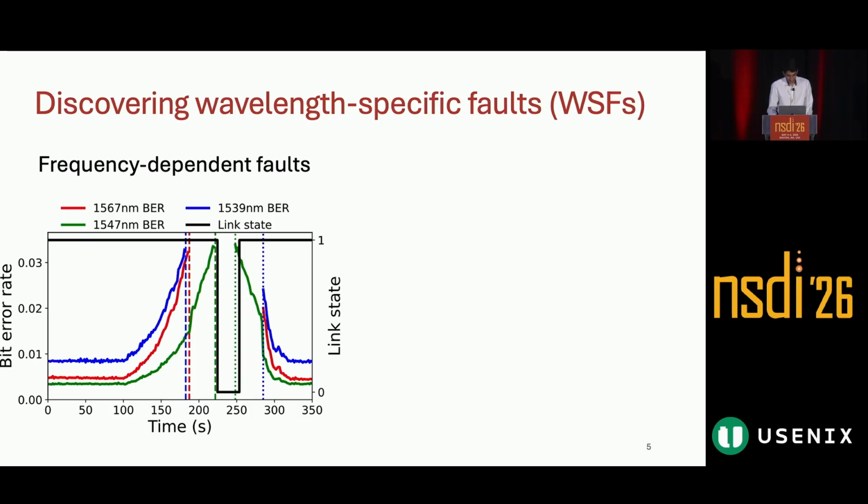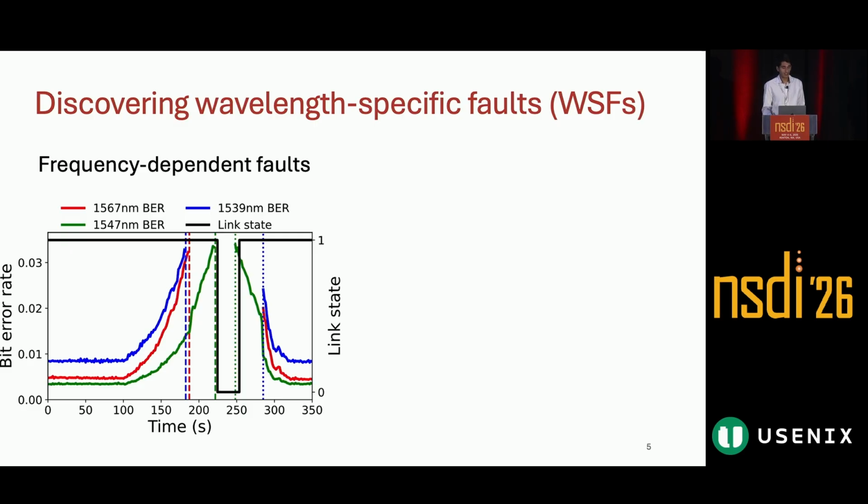So first, we took 3 different wavelengths at different regions of the electromagnetic spectrum that are used for optical communication, called the C-band. And you can see them in the legend at the top. And we basically aggregated these into a single link aggregation group, so they were sent over the same fiber.